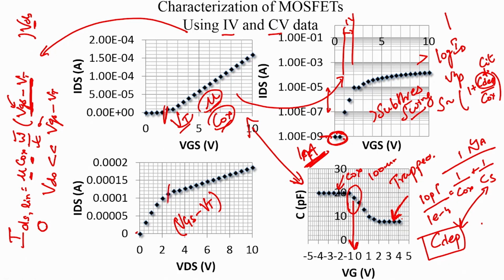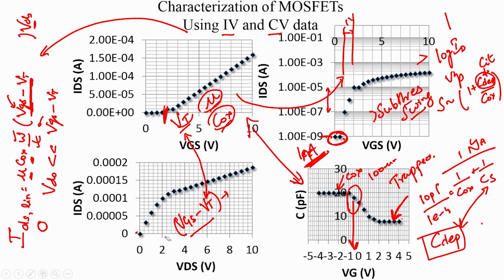So, this could give you indicators as to those corrections involved, and it is also a cross check between this Vt and the Vt obtained in the transfer characteristics, because it is only at VGS minus Vt that you enter saturation.